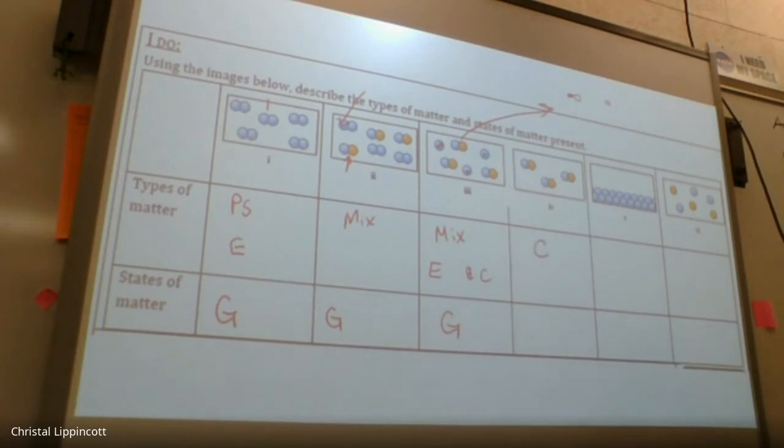All right, what is this guy here? Compound. He's a pure substance. And solid, liquid, or gas? Gas. Good. They're not touching. All right, what is this guy? Solid. Yep. A solid element. Yep. All right, what about this guy?